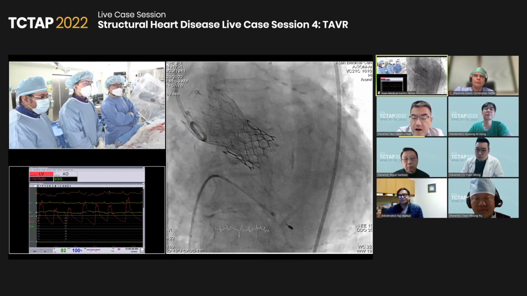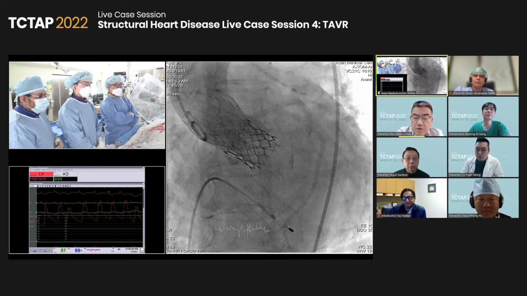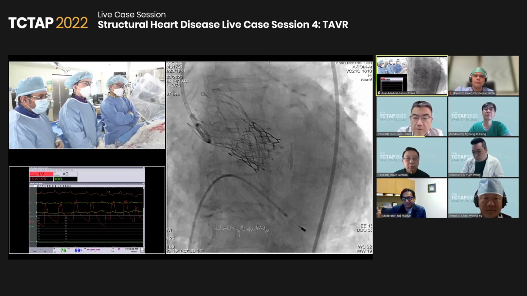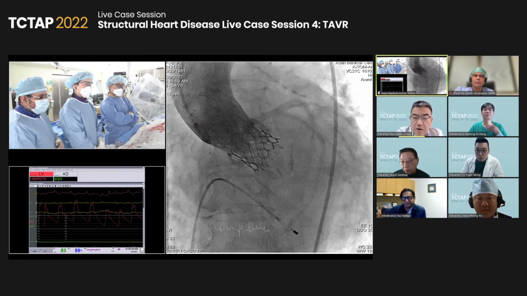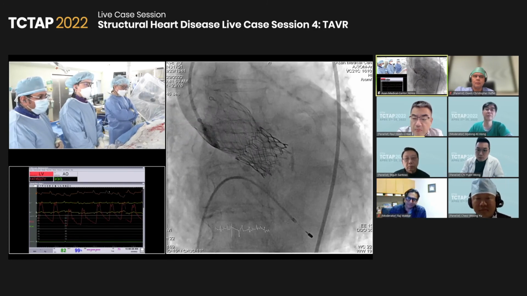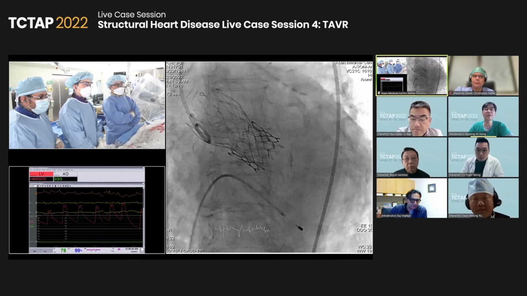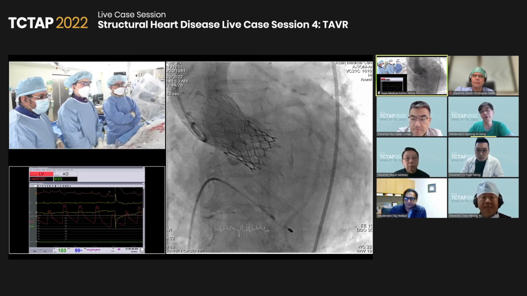And I would like to achieve 0 gradient between the 2 chambers. And I will, of course, follow them up very carefully with the echo to see any rise of the flow velocity.